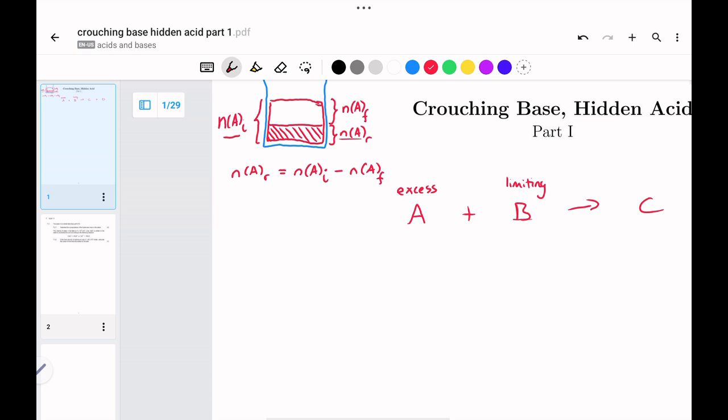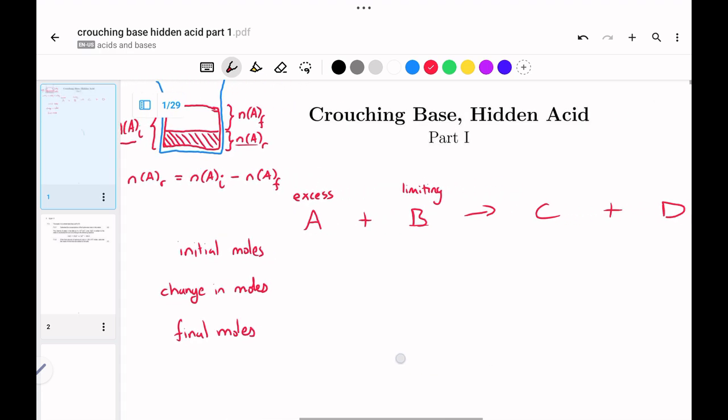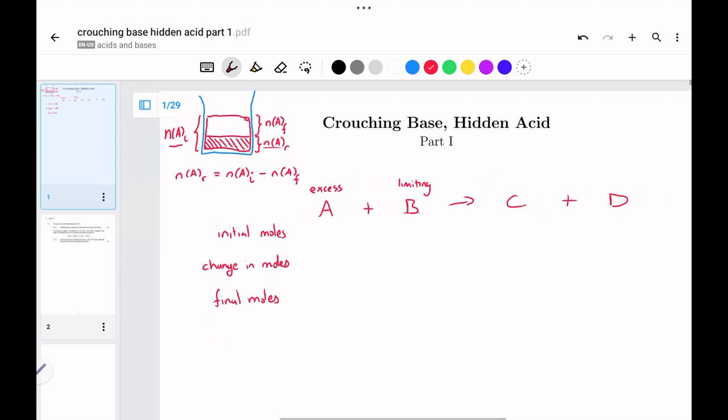So let's borrow that. Initial moles, change in moles, final moles. Okay, so I'm about to describe the problem type.